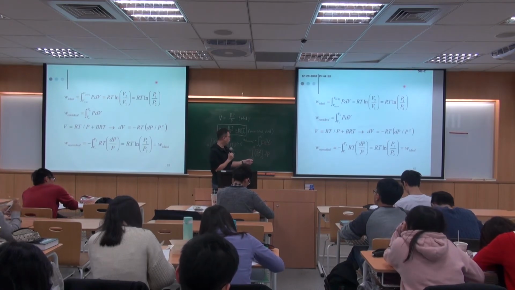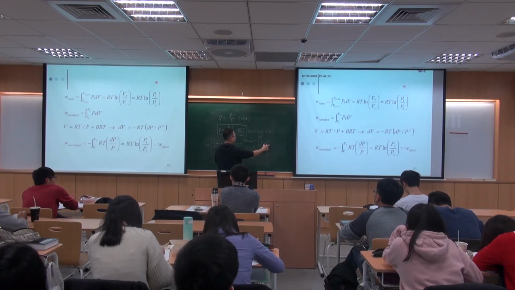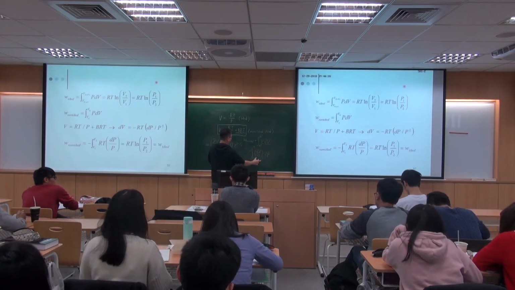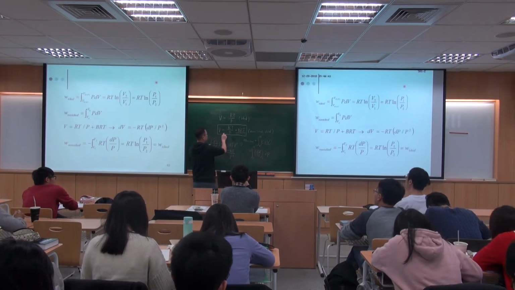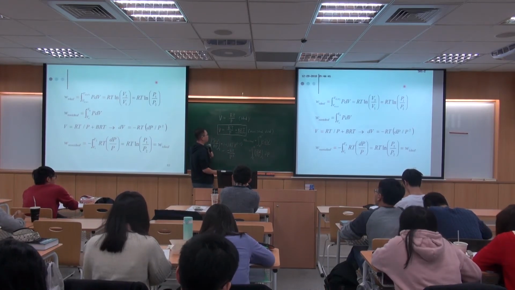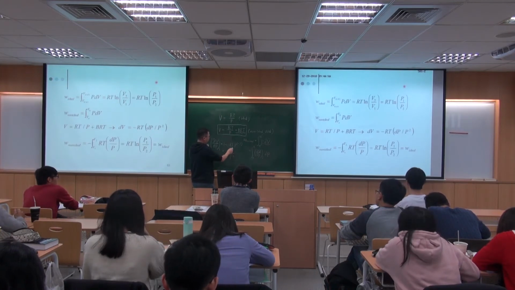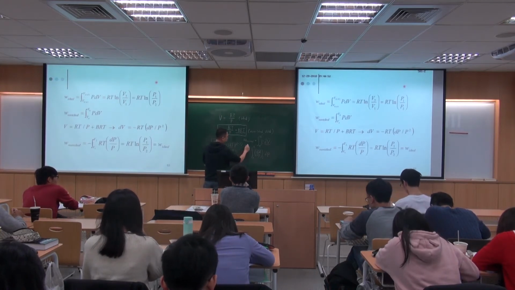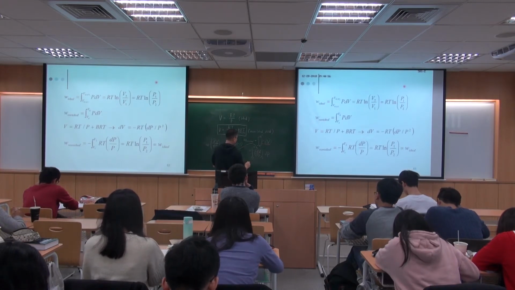So we know what these two numbers are. So that's the reason why we want to change the integration over dV to dP, and then use this to replace that. And this is from the known expression for volume as a function of pressure. And therefore, we only need to plug this back into here.